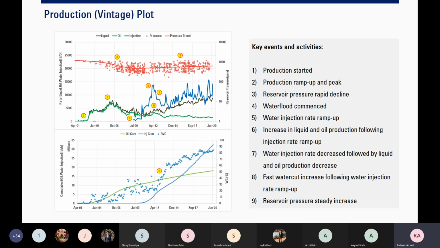The first one is, of course, the production plot, vintage plot. It is the simplest tool that we can do, but it is actually very important. So we create a plot, a composite plot.